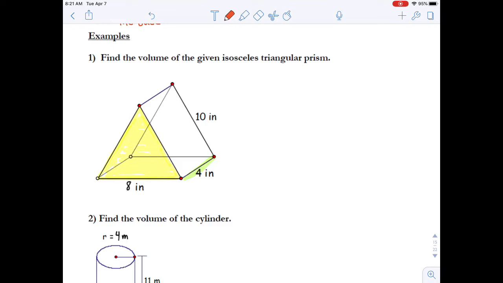So again, it's base times height. We have our height, which is 4. We need to find the base. Well, the base is an isosceles triangle. Okay, so not an equilateral, an isosceles triangle. So you gotta be careful on which type you're talking about there.